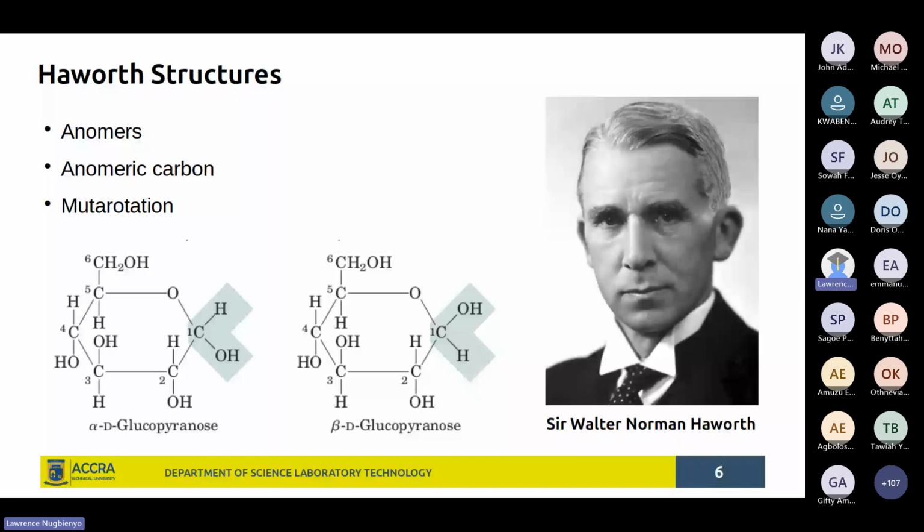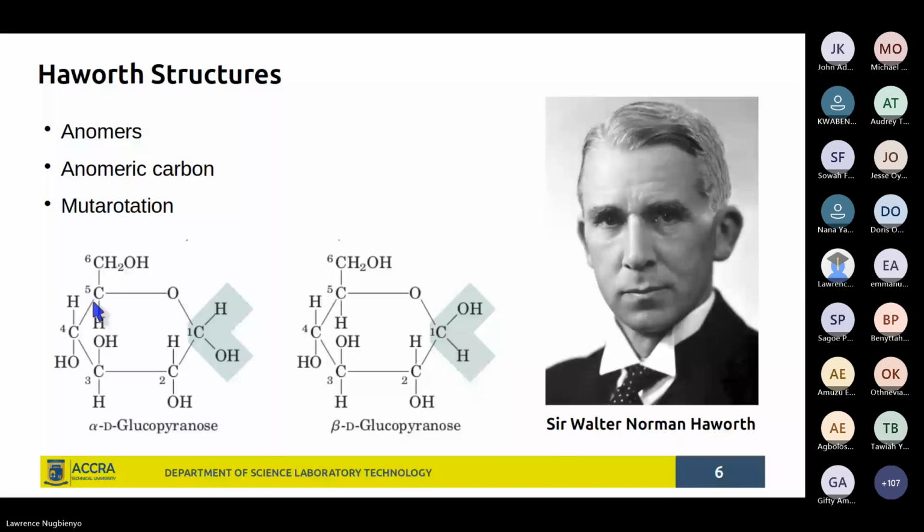So I was saying that you have the formation of the cyclic structure from the interaction between the aldehyde group on carbon number 1 and the hydroxy group on carbon number 5.